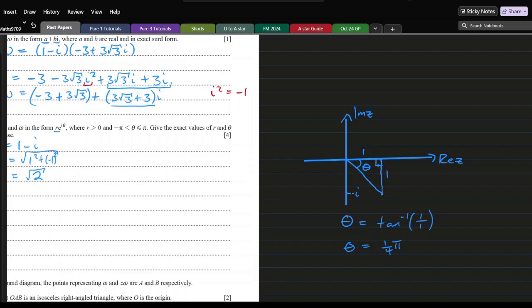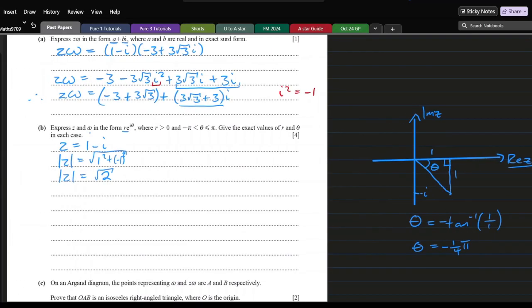But notice how the angle that we're forming is below the real axis, so it means that that angle is negative, right? So theta must be negative arctan of 1, which is negative 1/4 pi. So here we can say that therefore z is equal to root 2 e to the i, and theta is negative 1/4 pi, right?